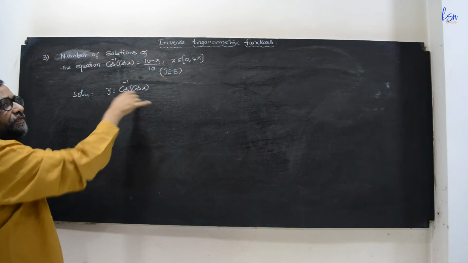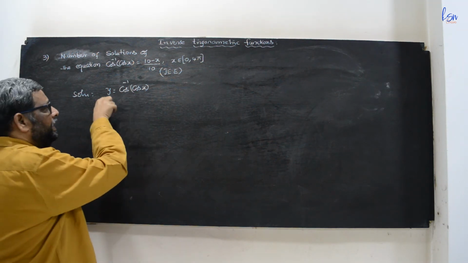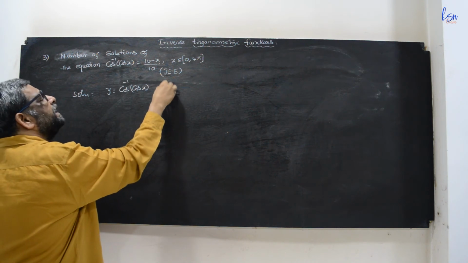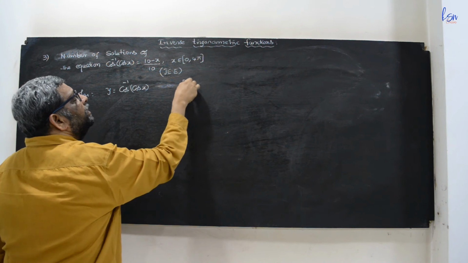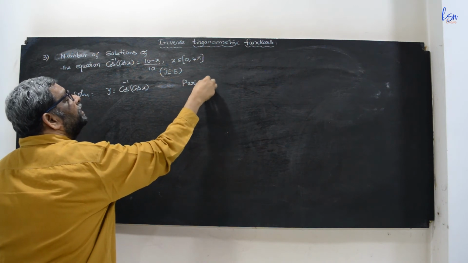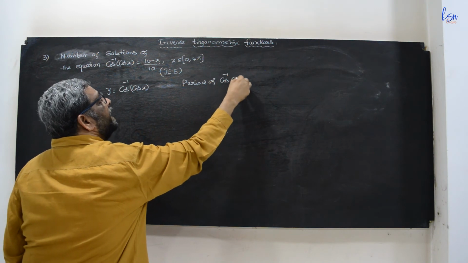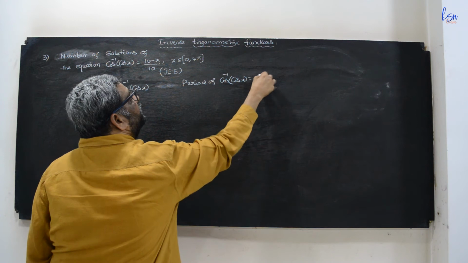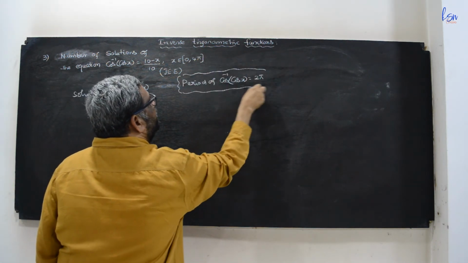Cos x being a periodic function with period 2 pi, the period of this function is also 2 pi. So the period of cos inverse cos x is equal to 2 pi. You can keep that in mind.